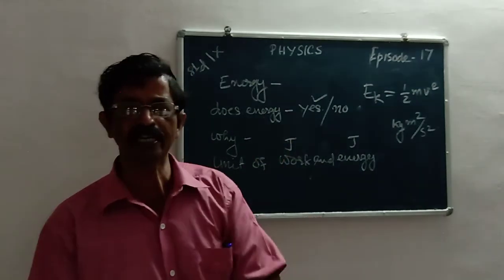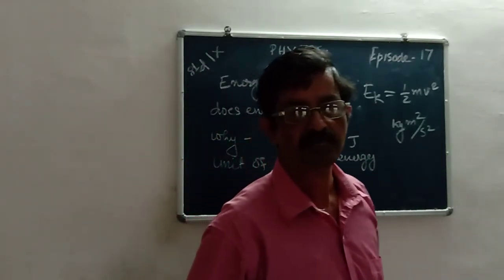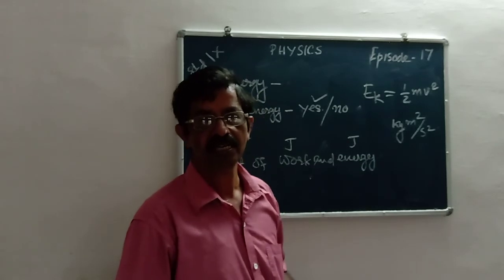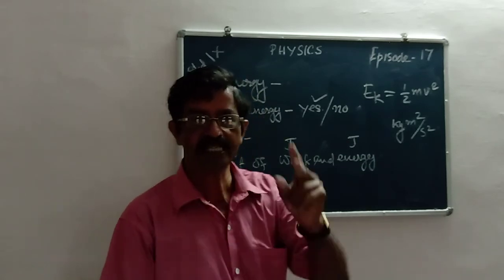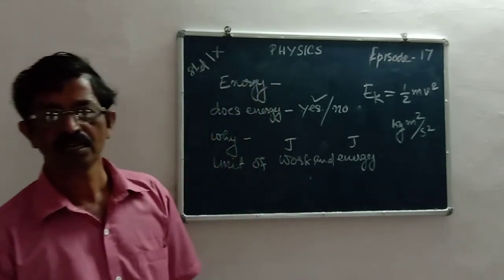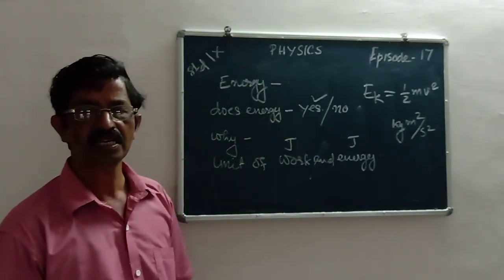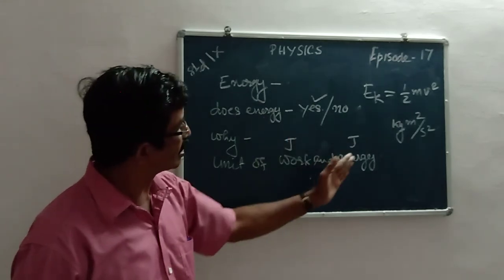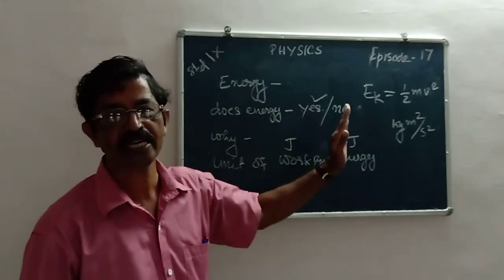And other forms of energies we also know. Which are they? Electrical energy, light energy, sound energy, magnetic energy, solar energy. In that way we can get different other forms of energy.